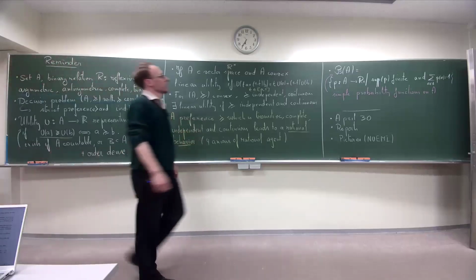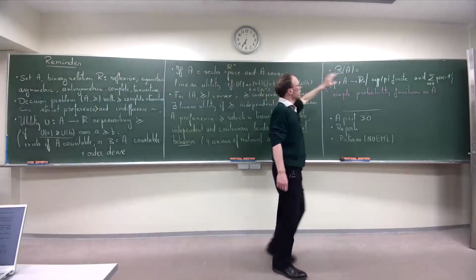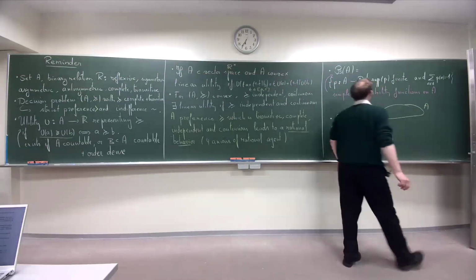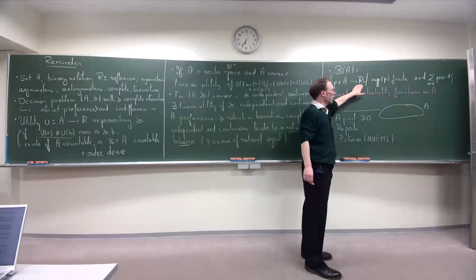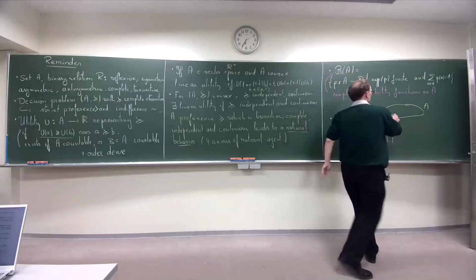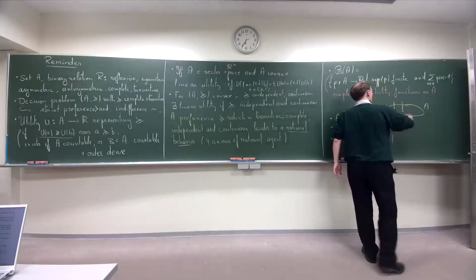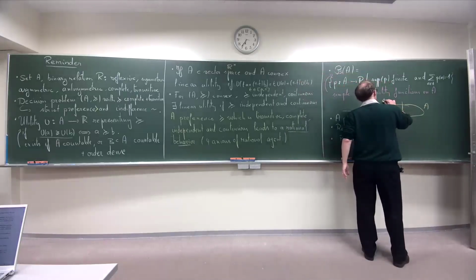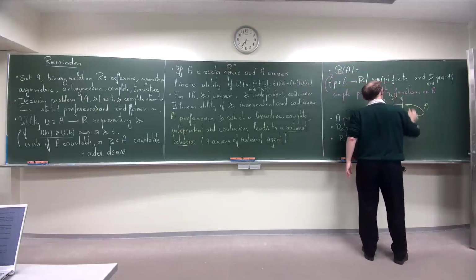And at the end, I just introduced one more thing, and I will finish with this very quickly. If you take a set, this is the set A, you can look at functions defined on A taking positive values, such that the function is only defined on a few points. For example, this function is only defined on 3 points of A, and the sum of these three values has to be 1.